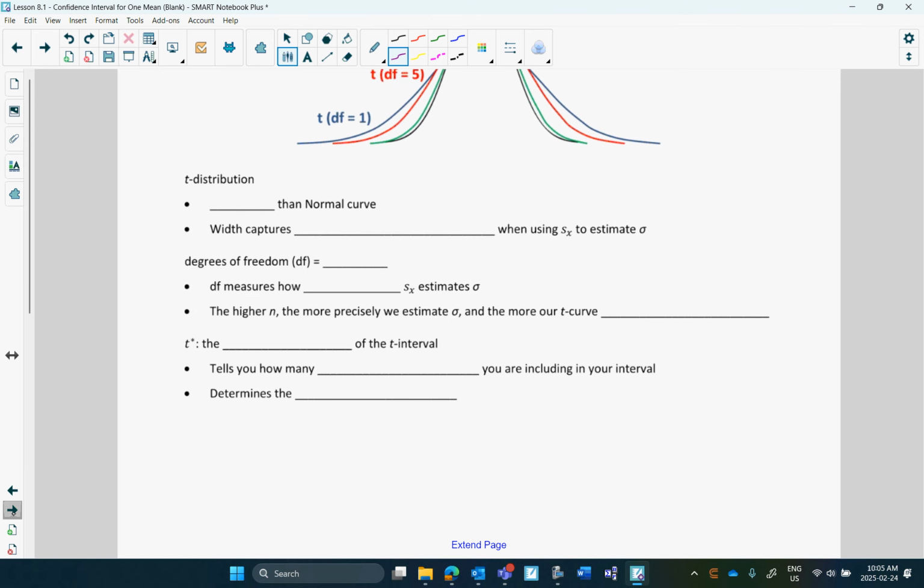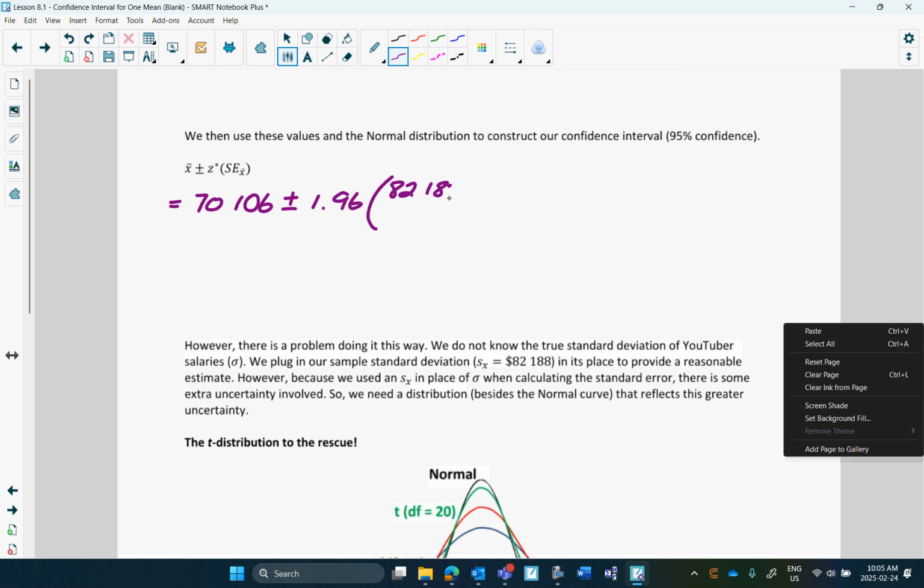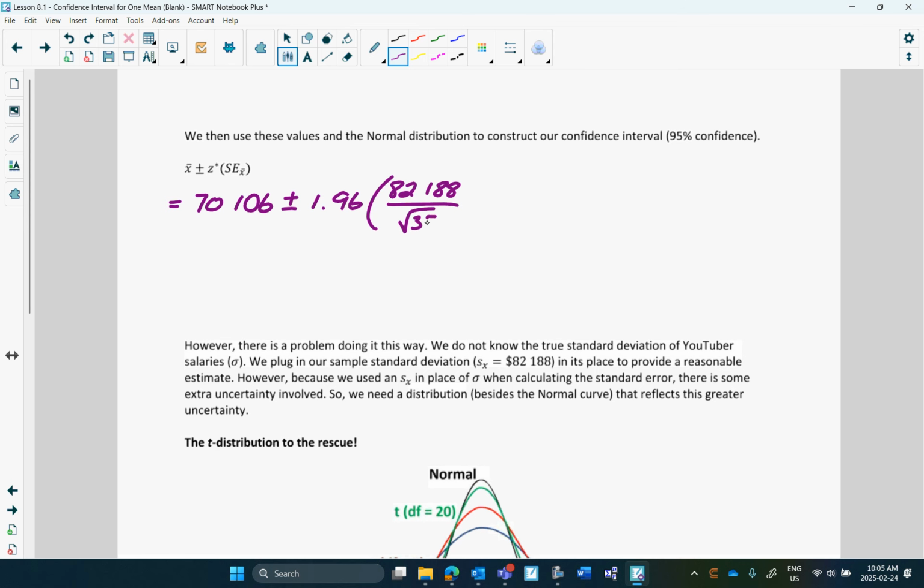So let's say we are told 95% confidence. We already know the sample mean is 70,106, plus or minus the number of standard errors away at 95%. Early on in the year we said 2, but now we can be a little more precise and say 1.96, times whatever that worked out to.